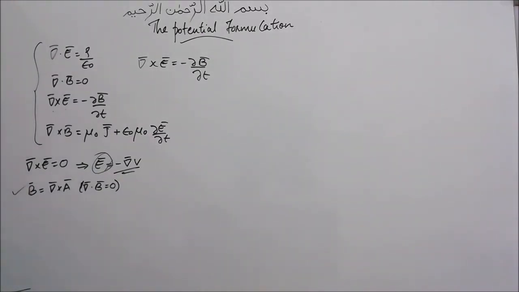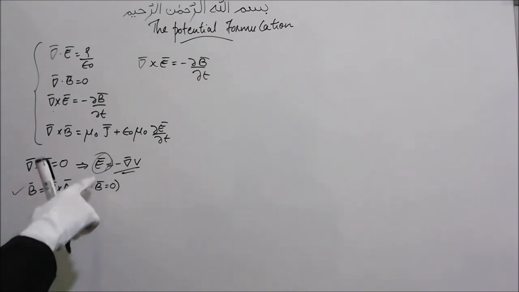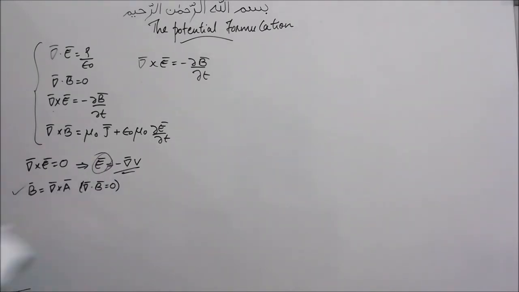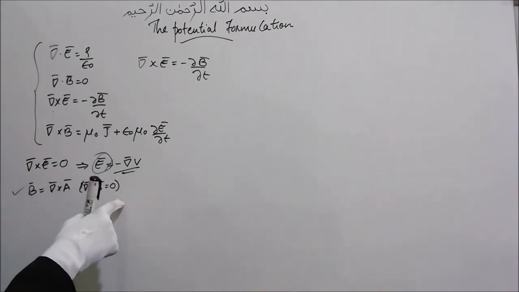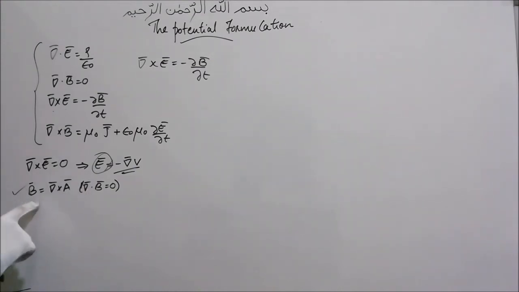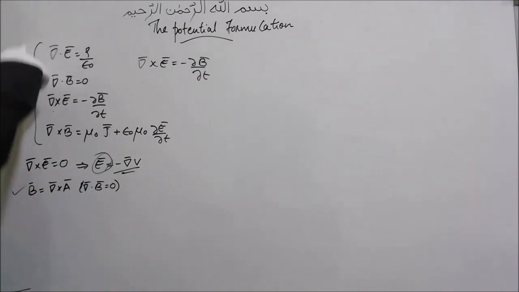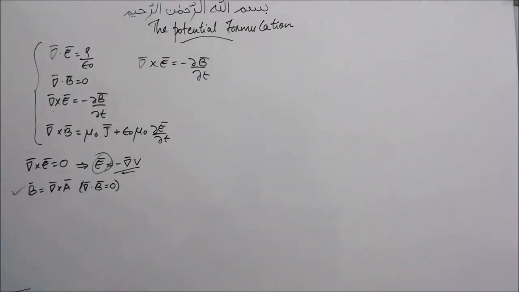In electrostatics, we had del cross E equals 0, and from that we got E equals minus del V, where V is the scalar potential. And in magnetostatics, we had del dot B equals 0, from which we got B equals del cross A, where A is the vector potential. These are the Maxwell's equations in electrodynamics, right?